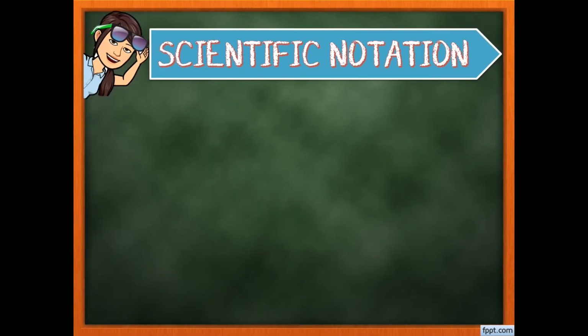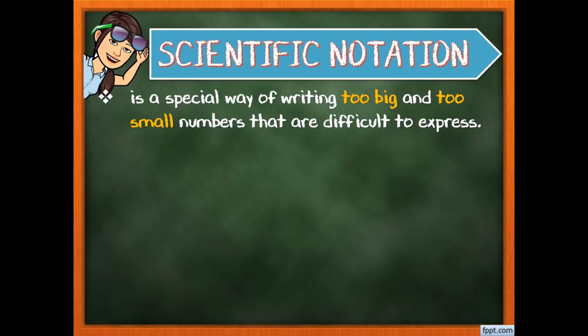So today we are going to discuss scientific notation. Scientific notation is a special way of writing too big and too small numbers that are difficult to express. We use exponents so as not to require the use of many zeros, which can be confusing and lead to errors.